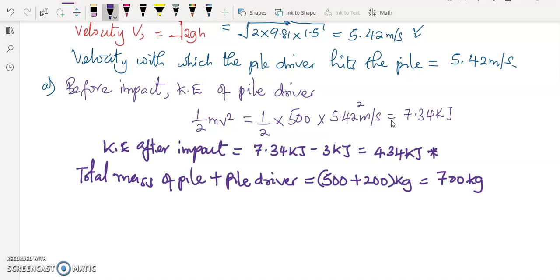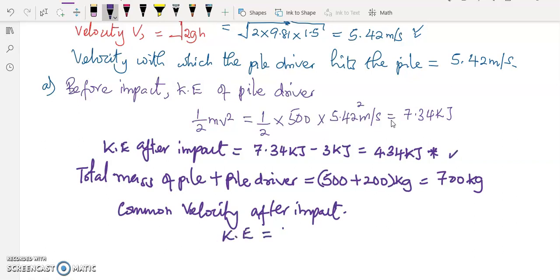So we want to work out the common velocity after impact. How do we get it? We already have kinetic energy equivalent to 4.34 kilojoules, and we equate that to a half times the total mass, which is 700 in this case, multiplied by v squared.